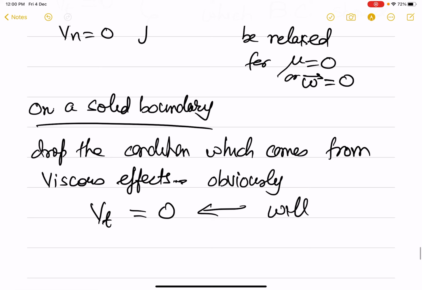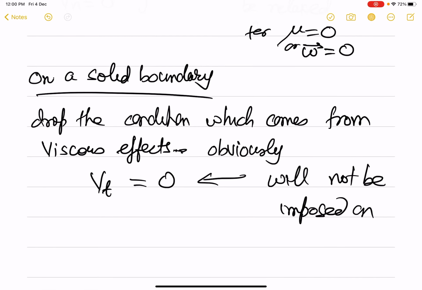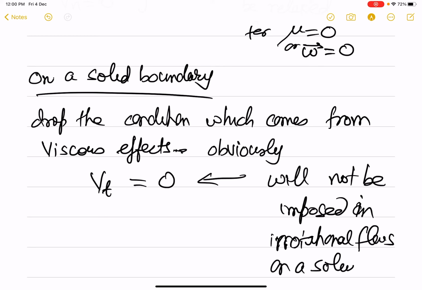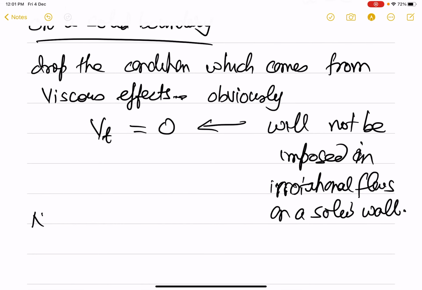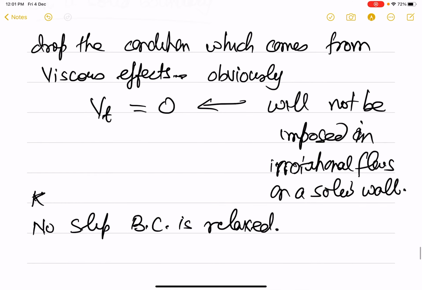This will not be imposed in irrotational flows on a solid wall. So the flow will be allowed to slip. The no-slip boundary condition is relaxed.